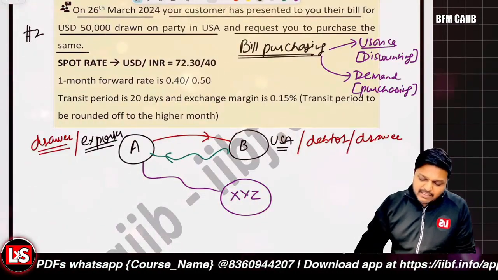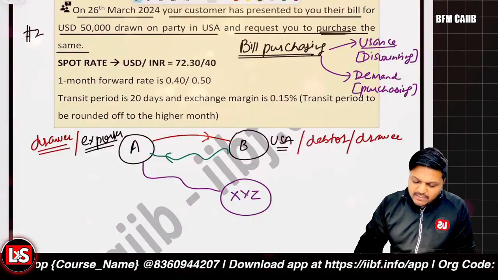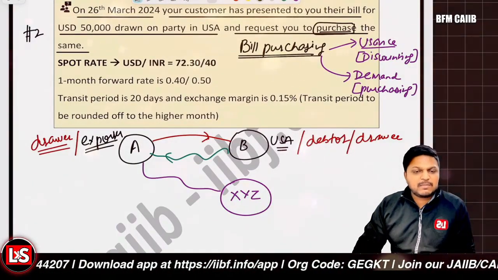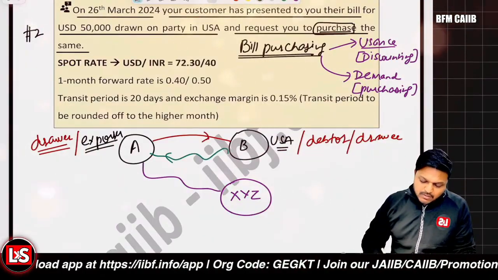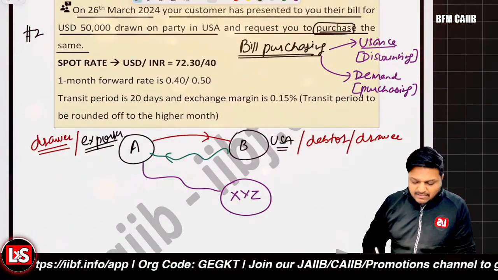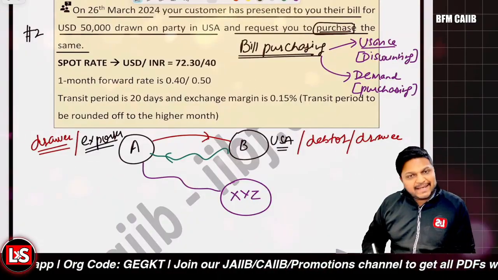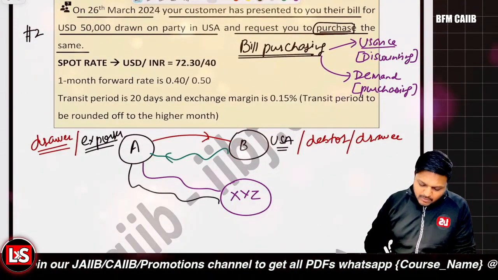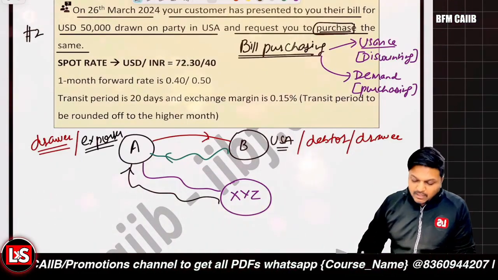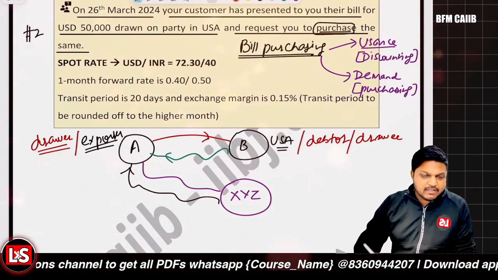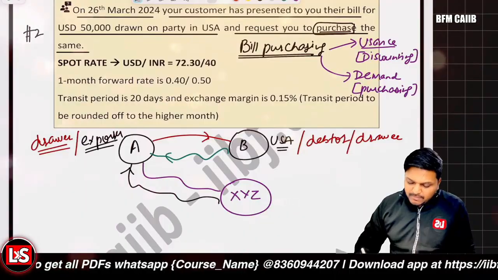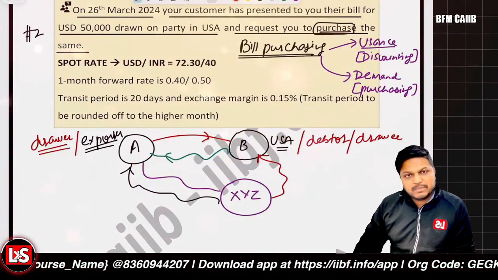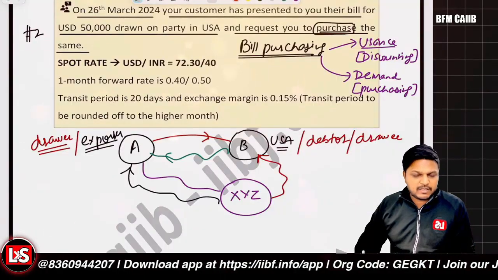Now in this scenario, they say it's about the purchase. It means we are dealing with the demand bill of exchange here. So person A sold this bill to XYZ, and XYZ purchased this bill, and immediately the liquidity amount will be given to person A. In the case of the demand bill, the bill will be presented to person B, but it's going to take some time because B is in another country, right?